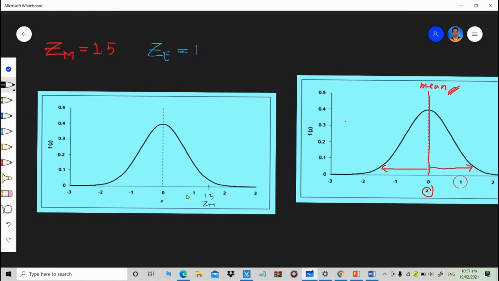Ang z-score ng English test is nasa 1. Okay? 1 standard deviation greater than the mean. Therefore, since the z-score for mathematics is larger, his relative position in the mathematics class is higher than his relative position in the English class. So, ganun lang mag-compare ng dalawang different samples gamit ang z-score. Okay?